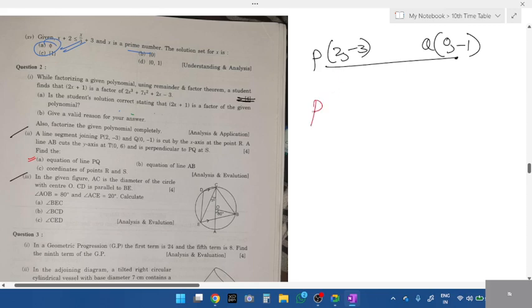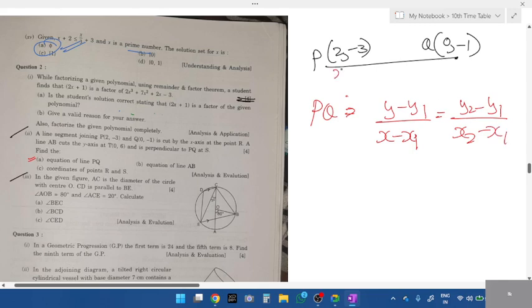If two points are given, what is the formula for the equation of PQ? Tell me the formula, students. Y minus y1 divided by x minus x1 is equal to y2 minus y1 divided by x2 minus x1. This is x1, this is y1. This is x2, this is y2. Just now I taught you all the equation of a straight line.